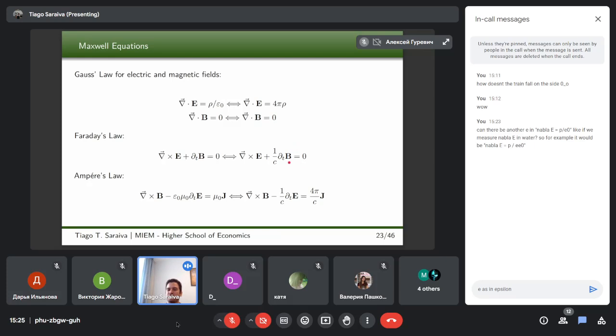Okay, so this is why we just keep the form on the right here. By the way, if you use CGS, instead of having two fundamental constants, mu0 and epsilon 0, now you get only one fundamental constant, which is the speed of light, c.